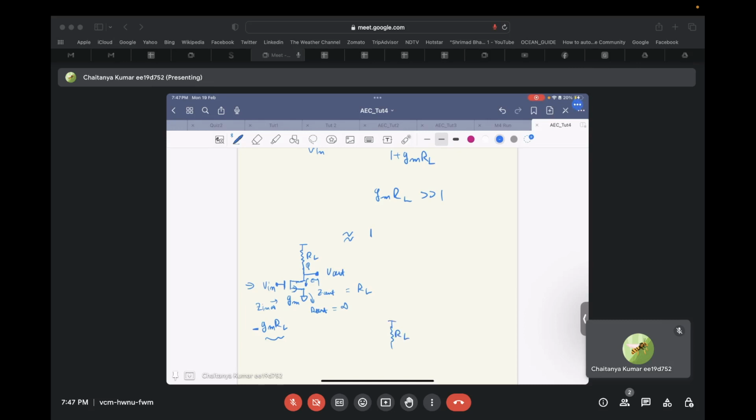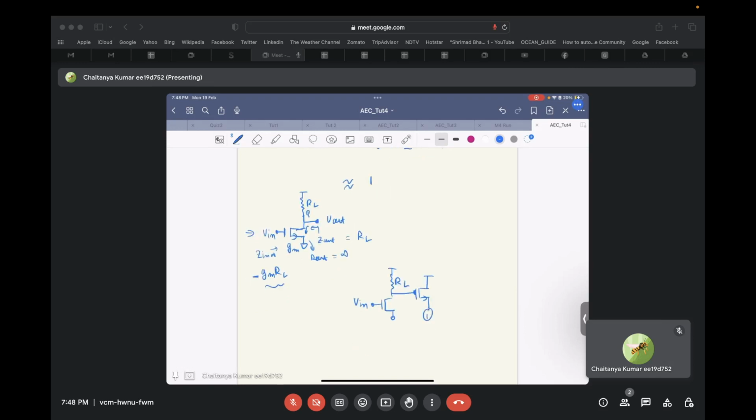So we have RL over here, we have V in, then we have a common drain amplifier over here, and we can take the output over here.